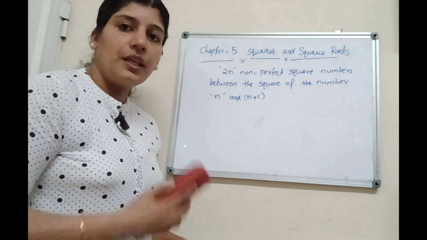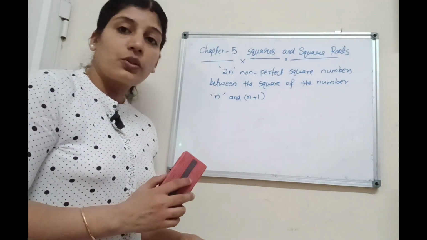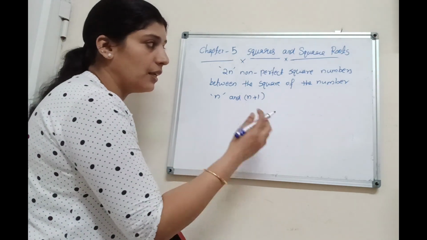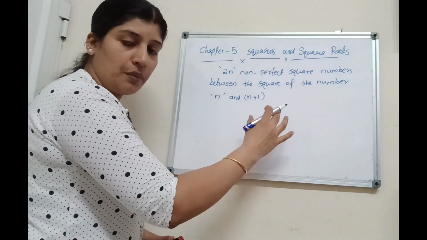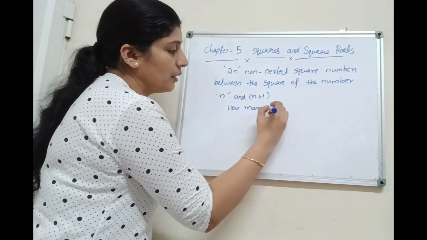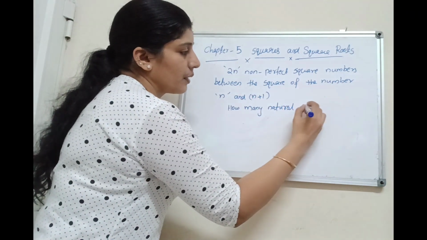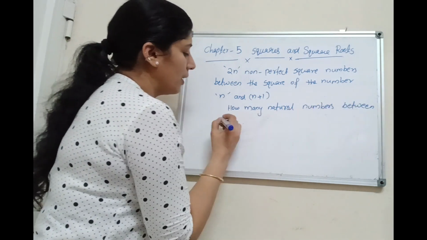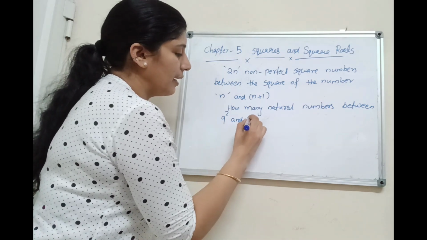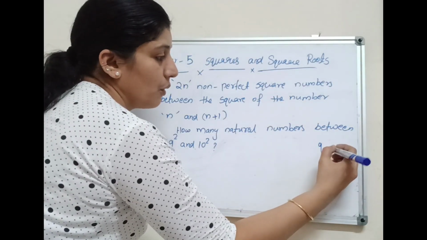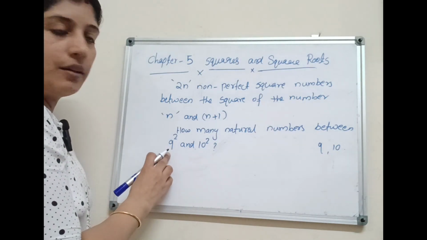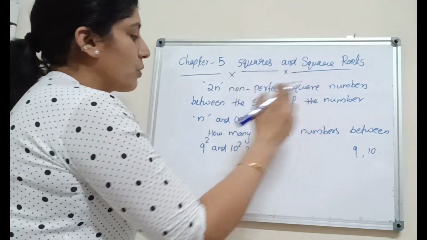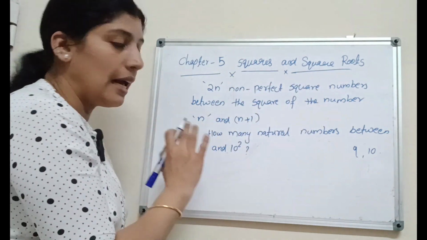Next, we can check how many natural numbers are between 9 square and 10 square. First, we consider the example: how many natural numbers, that means non-perfect square numbers, are between 9 square and 10 square. 9 and 10 are two consecutive numbers. By using the previous theorem, there are 2n non-perfect square numbers between the squares of the numbers n and n plus 1.